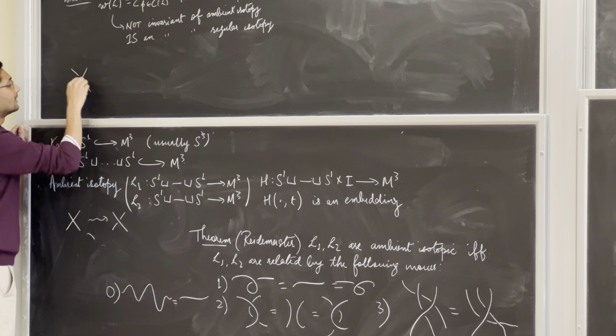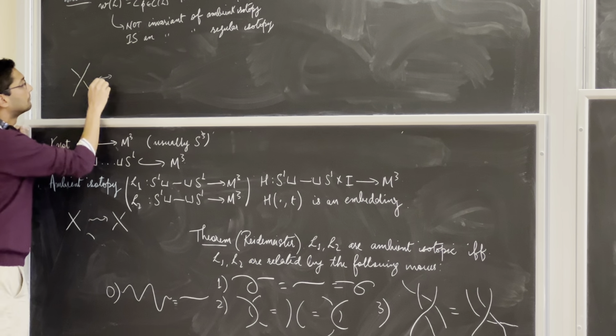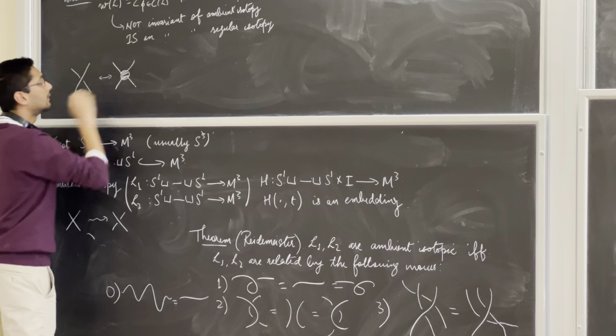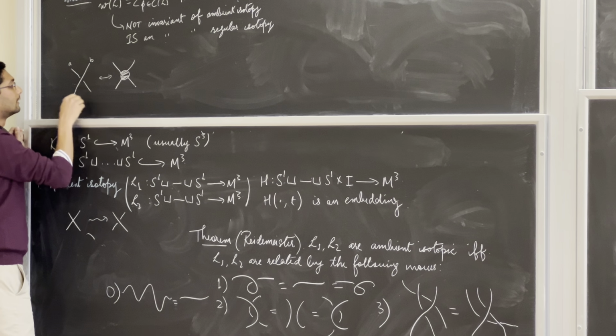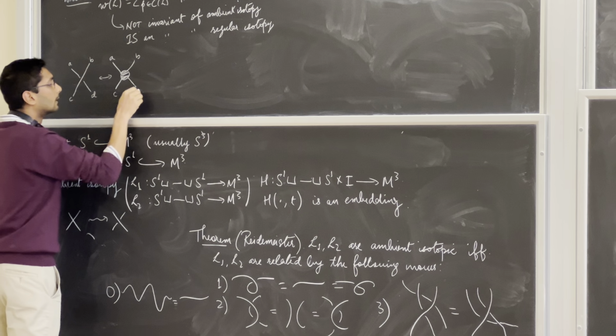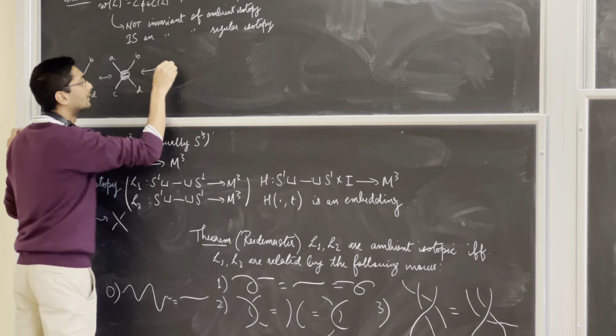So for example, if I have a crossing of this sort, I would denote it like this. I will label the 4 edges and denote it by a 4 indexed object.